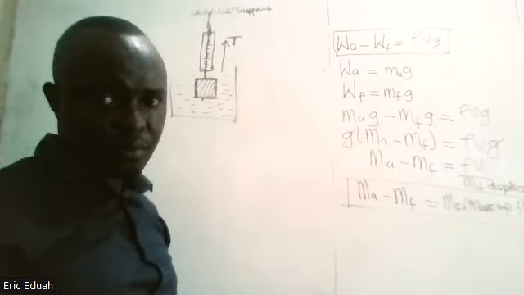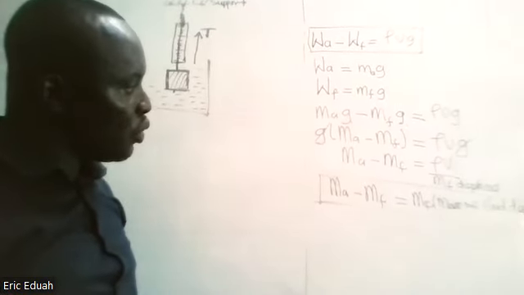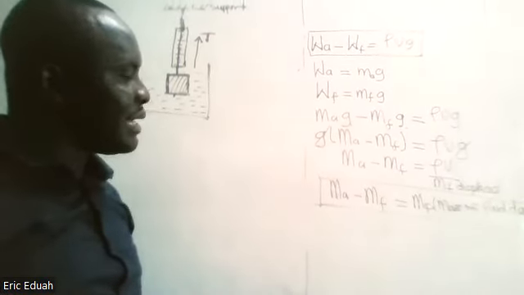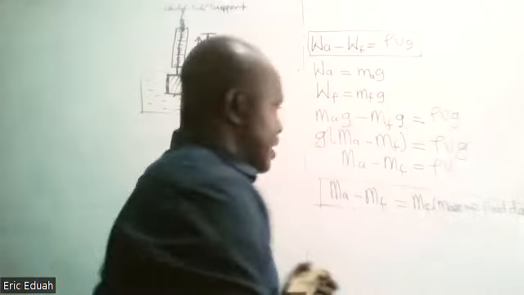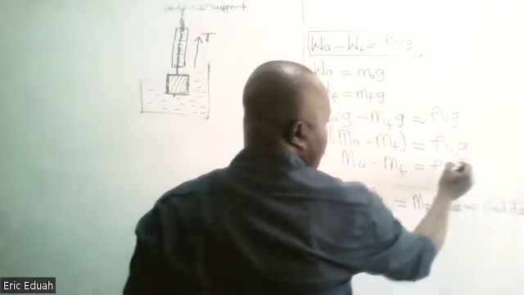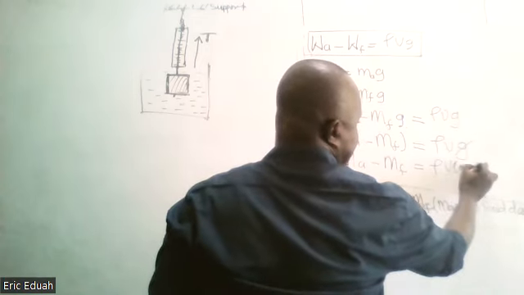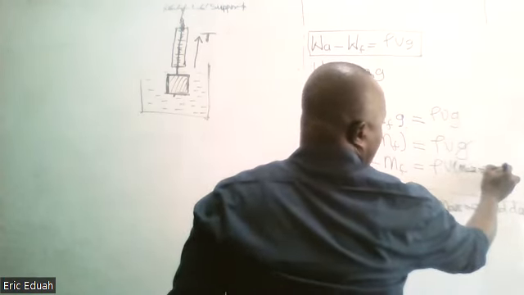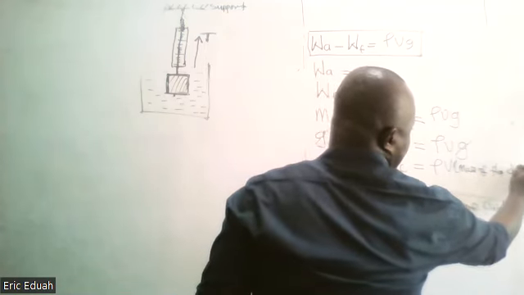Why did you divide the density times the volume by the mass of the apparent... No, I'm not dividing. I was trying to explain to you that rho V is the mass of fluid displaced.